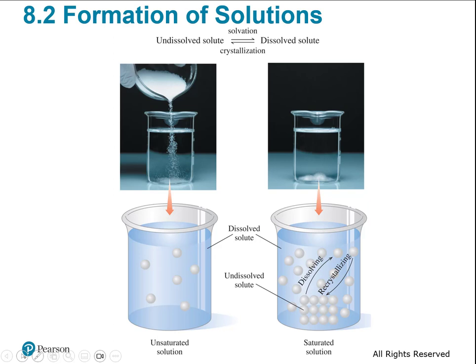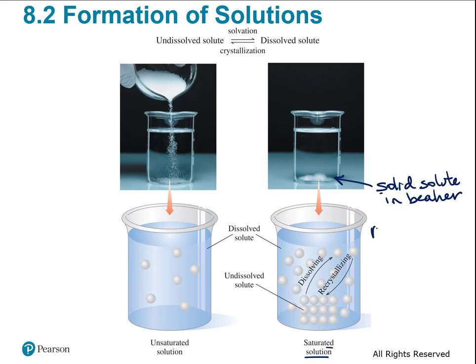You can add another spoonful, stir it up. It totally dissolves. You can add another spoonful, stir it up, totally dissolves. But if you get to the point of what they call a saturated solution, you have the maximum amount of solute dissolved. And so if you look, there's going to be solid solute in the beaker.